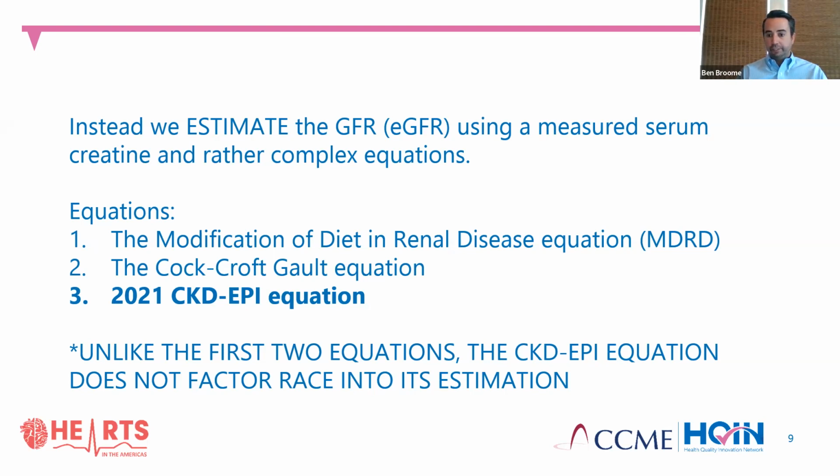For the practitioners here, you may have noticed that your lab no longer gives you different eGFRs for African-American and non-African-American. If they don't, that means they are using the 2021 CKD-EPI equation. If you are still getting those two different estimations of GFR, that lab has not yet switched to this new equation, so just be aware. And again, the biggest difference is that race is no longer considered a variable in making this calculation.